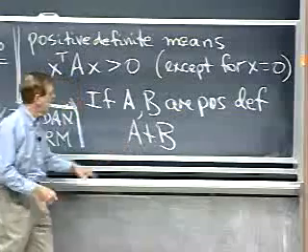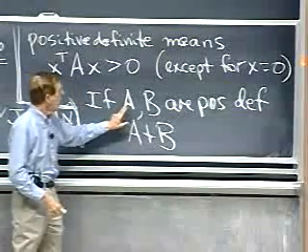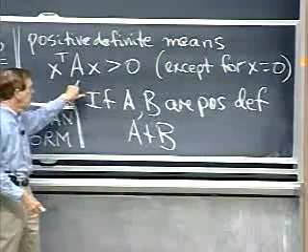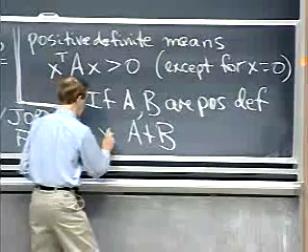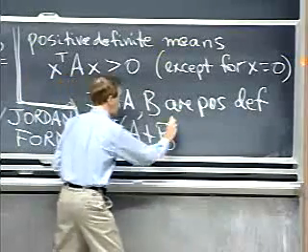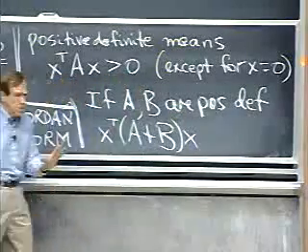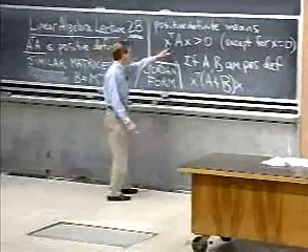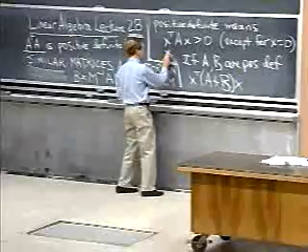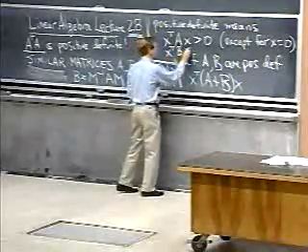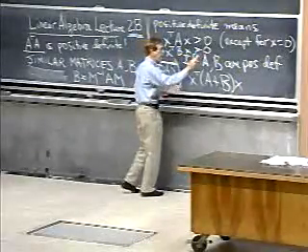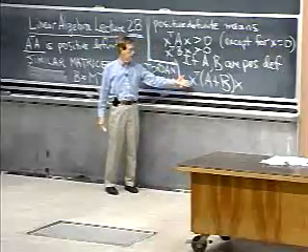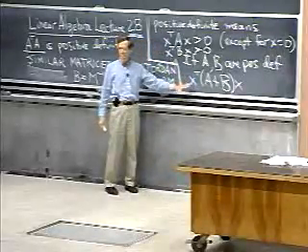How would we decide that if A was like this and if B was like this, then we would look at x transpose (A plus B) x. I'm sure this is in the homework. Now, so we have x transpose Ax bigger than 0, x transpose Bx positive for all x. So now I ask you about this guy.